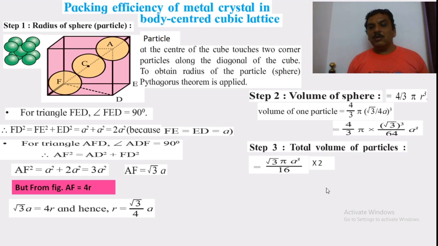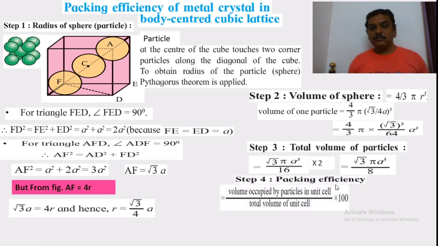We have to calculate the total volume of all the particles, and in BCC there are two particles, hence the total volume in the unit cell occupied by particles is equal to root 3 pi a cube upon 16 into 2, which is equal to root 3 pi a cube upon 8.